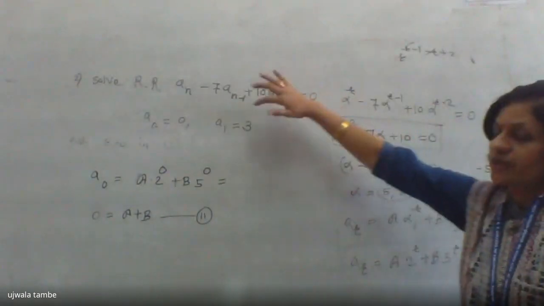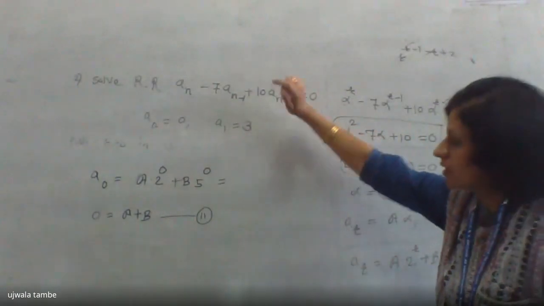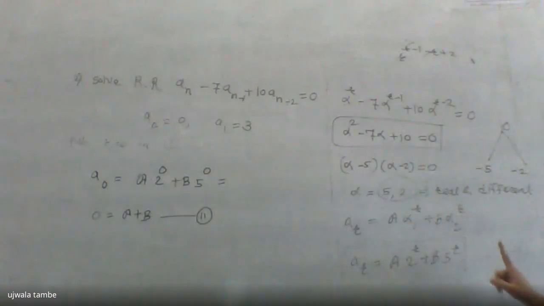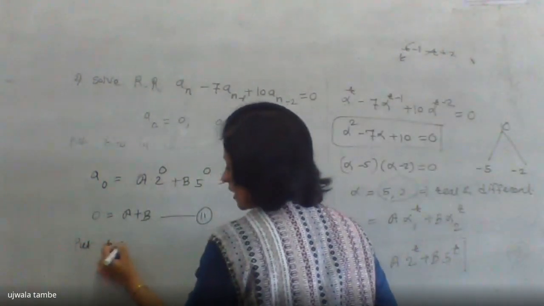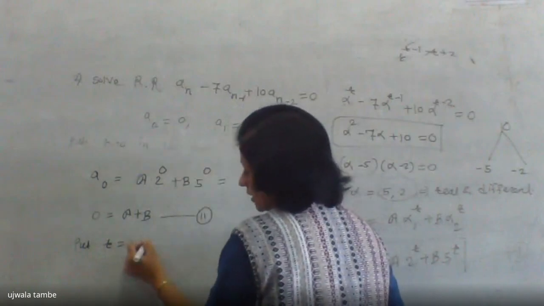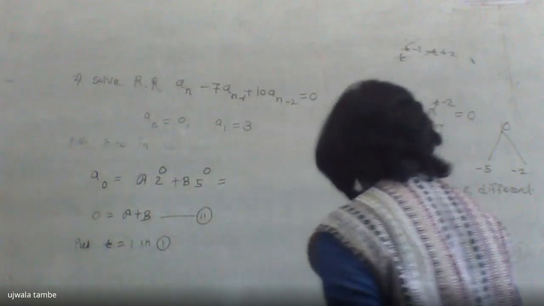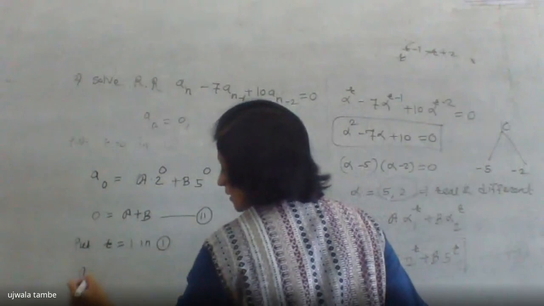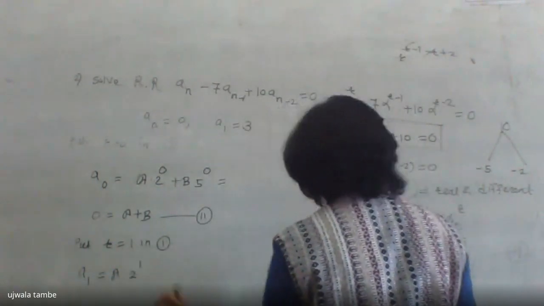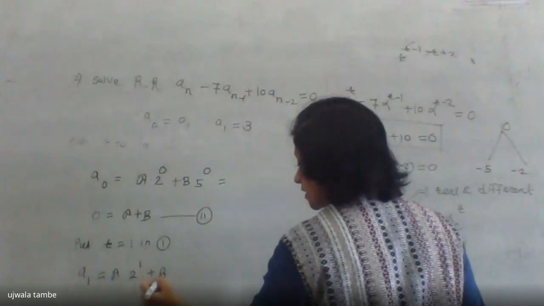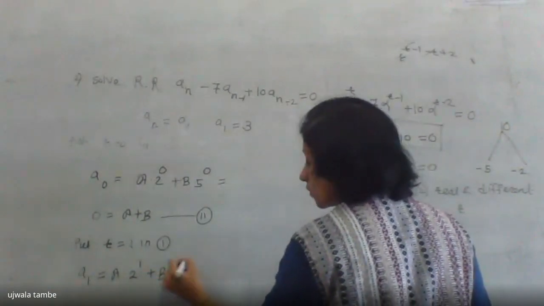The second initial value is a_1 is equal to 3. Put r equal to 1 in the first equation. With r is 1, we get a_1 is equal to A into 2 raised to 1 plus B into 5 raised to 1.